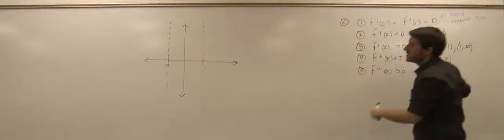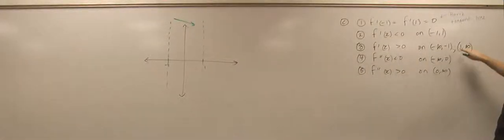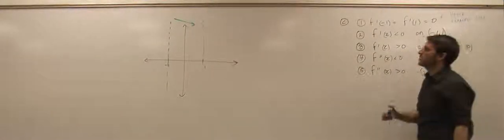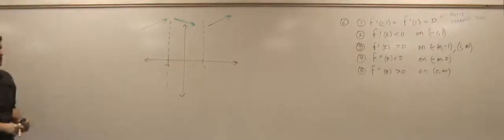From negative 1 to 1, f prime is less than 0, which means on this region, I'll be decreasing. But on negative infinity to negative 1 and 1 to infinity, f prime is greater than 0. So I'll be increasing.